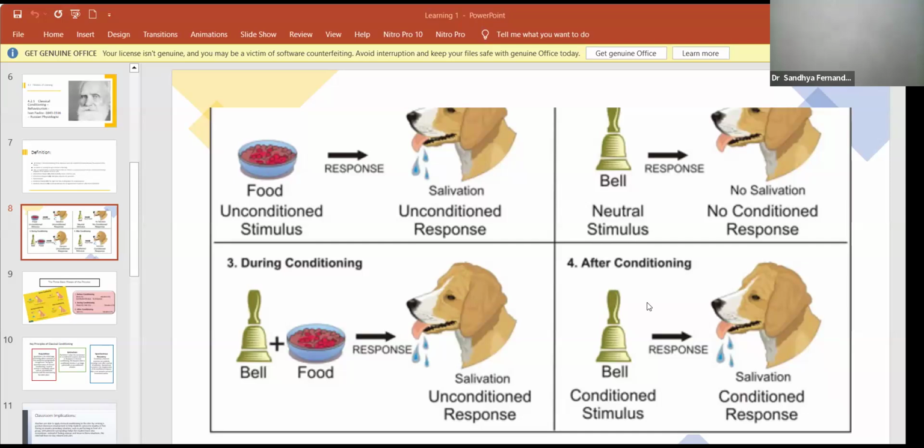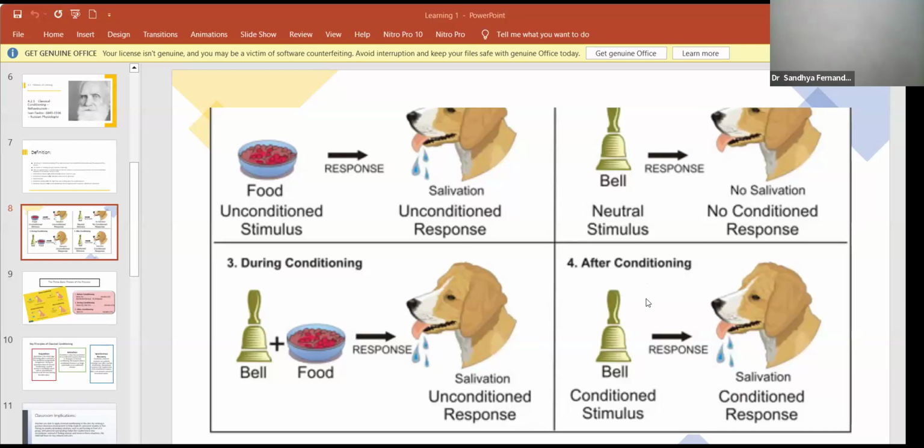The conditioned stimulus is the bell sound. The conditioned response is the salivation to the bell sound. Okay? That is conditioned. Initially, it was neutral, no response. But later on, you made them learn to salivate to the sound of the bell. So new learning. We call that conditioned stimulus and conditioned response. Okay.